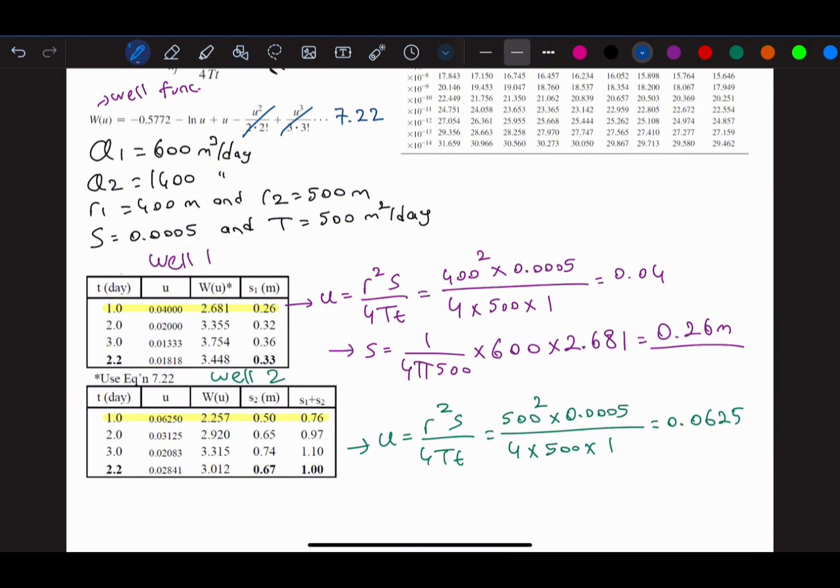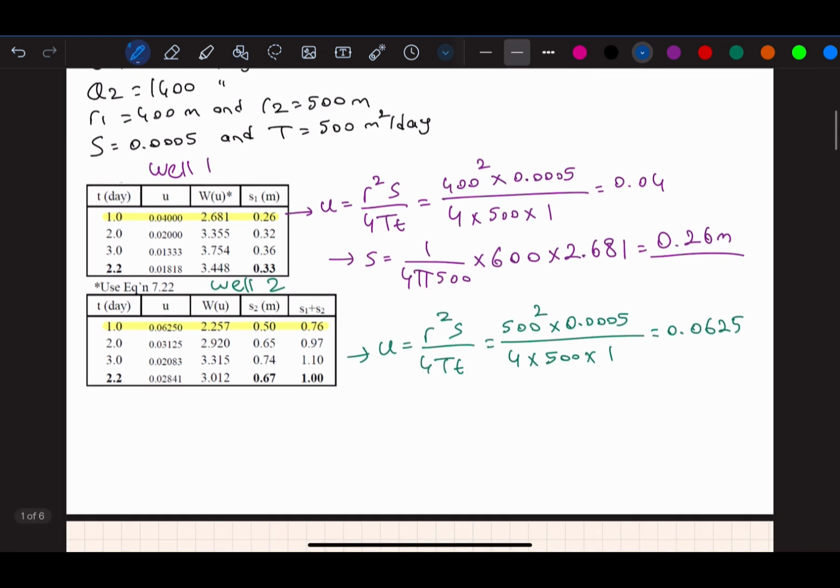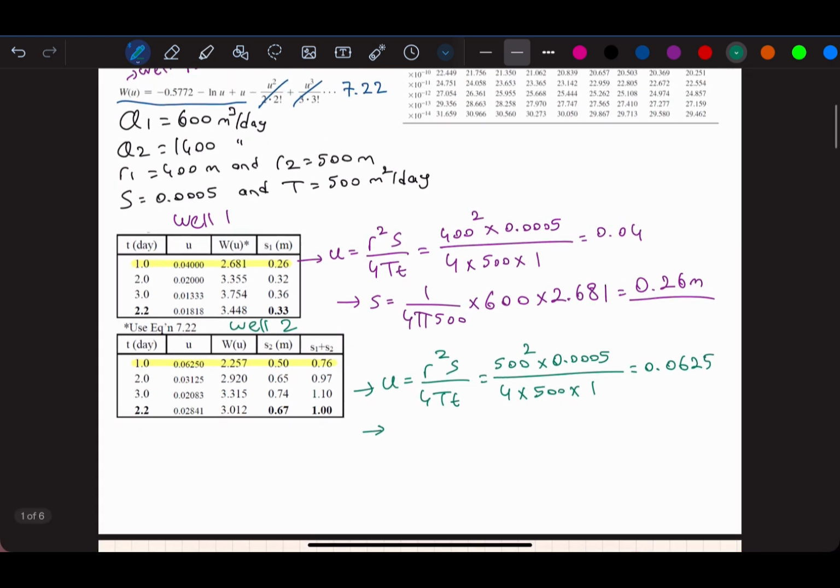So for example, let's use this part for calculating the well function for well 2 for the first day. So it will be 0.5772 minus ln 0.0625 plus 0.0625.